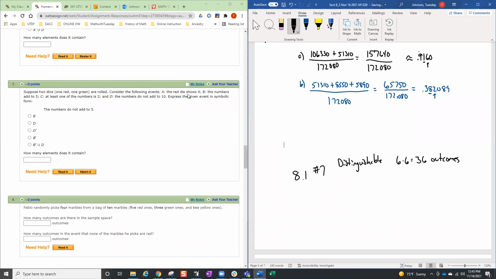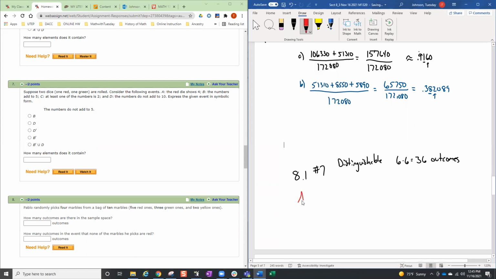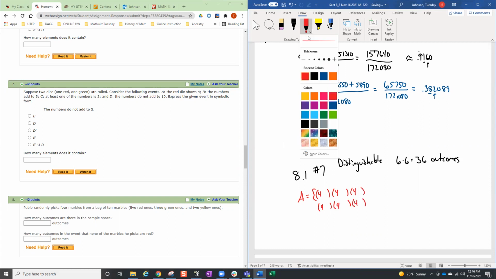Okay, so the red die shows a 4. So set A is the red die shows a 4. So it's going to be a 4 with a 1, a 4 with a 2, a 4 with a 3, 4, 5, and 6. And the green die could be anything else at all.